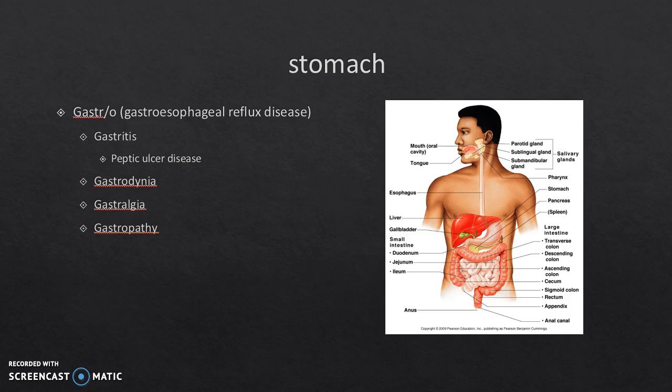Some other things, gastritis, one of the most common kinds that we're dealing with here is peptic ulcer disease, and that's usually caused by a bacteria called H. pylori, which they need to treat you for. So if you're somebody who's gotten any ulcers, that's something you probably need to get checked out. But there's that, and then other terms associated with the gastritis to help you with that.